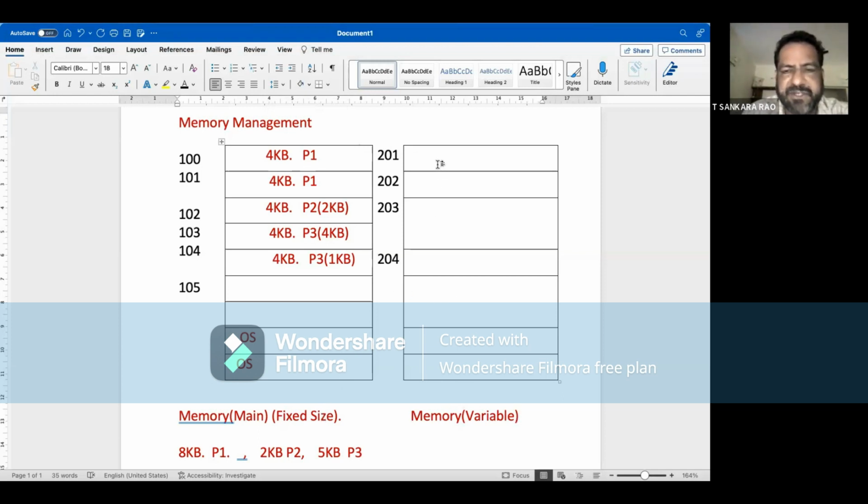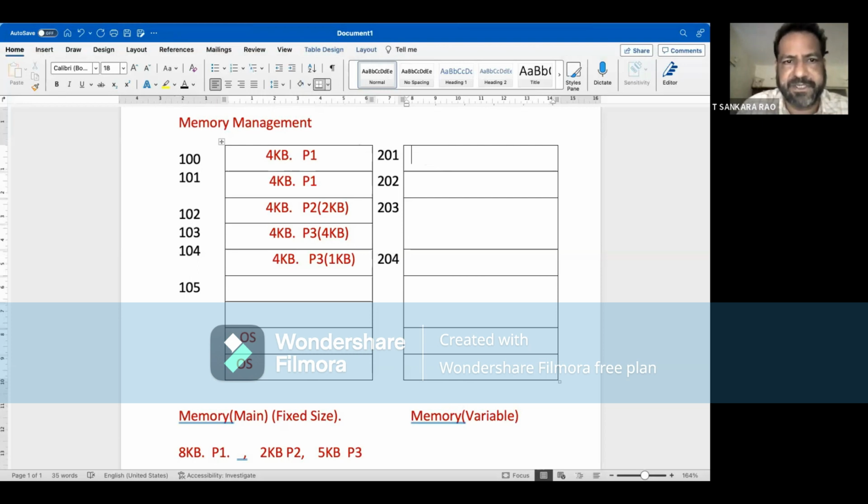So for example, suppose P1 is stored here, 8 KB. The partition size is not fixed. It is not like this, 4 KB and another 4 KB.